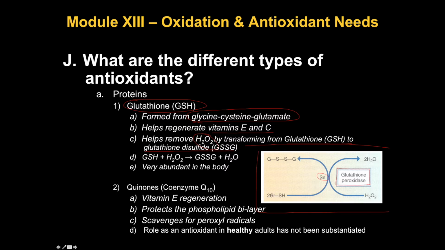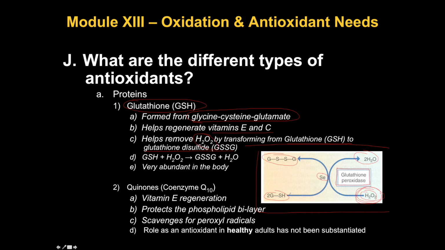So here we have glutathione at the bottom with some hydrogen peroxide, and via glutathione peroxidase and selenium, we can convert that into glutathione disulfide and release a couple of water molecules to get rid of the free radical, the free radical being the hydrogen peroxide.